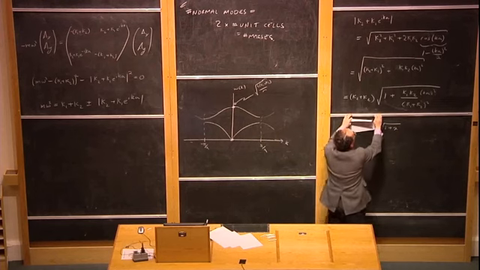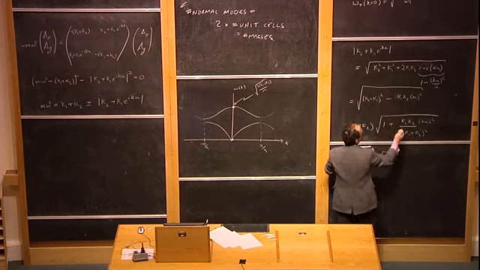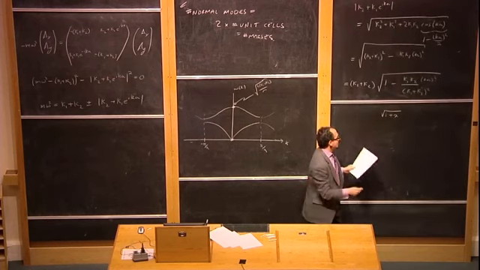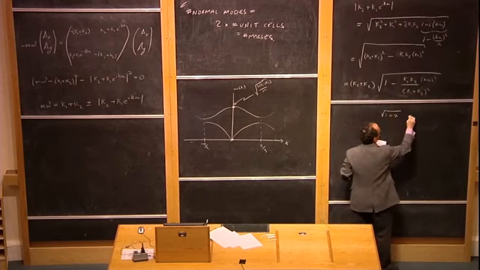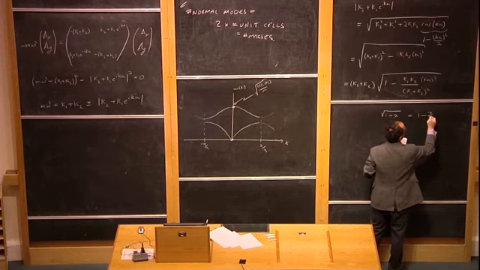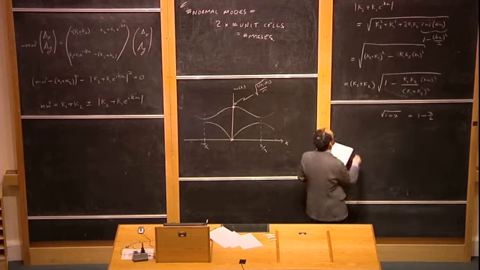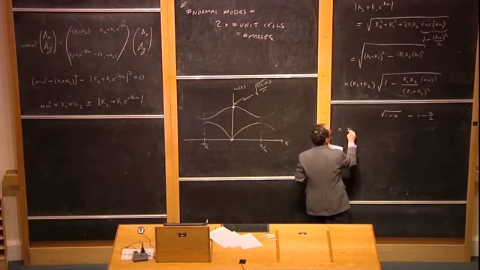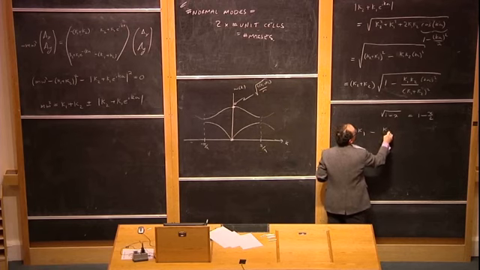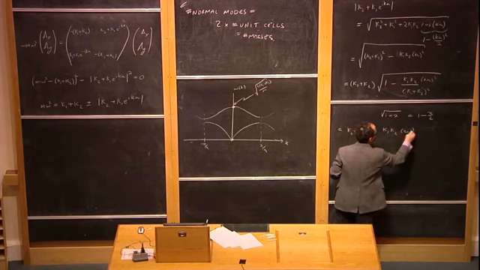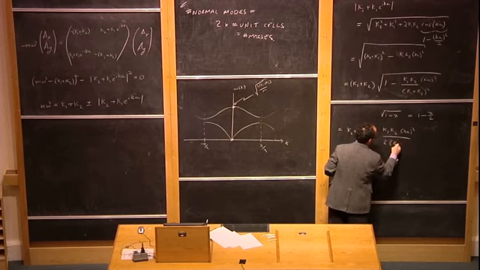I got a sign wrong. That's minus. No one gets chocolate for that. Is 1 minus x over 2. So then we can rewrite this as kappa 2 plus kappa 1 minus kappa 1 kappa 2 ka squared over 2 kappa 1 plus kappa 2.